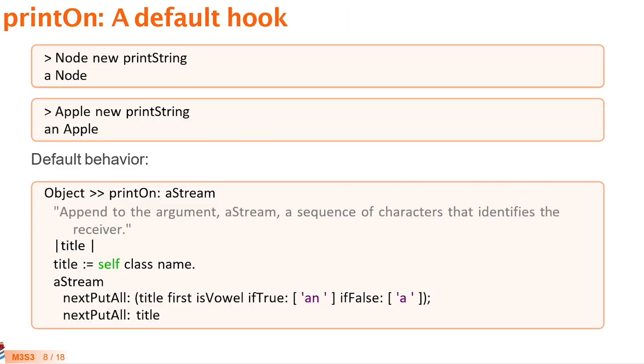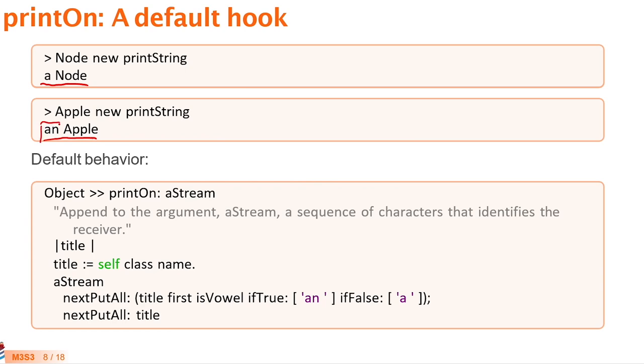And if we look at the implementation of this printOn: method, but before looking at the default implementation of it, let's have a look at sending printString to different instances. If I send the printString message to a Node instance, it displays 'a Node'. But if I send the printString message to an Apple, it displays 'an Apple'.